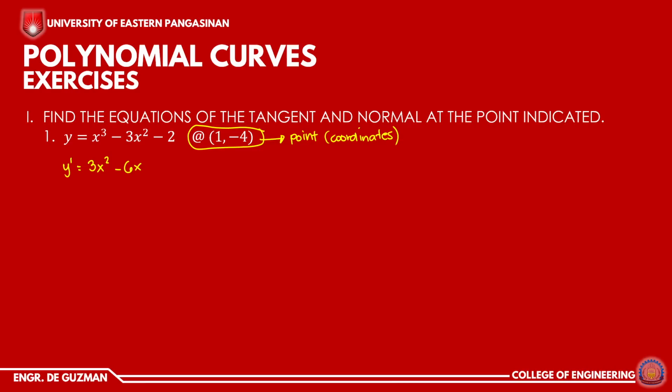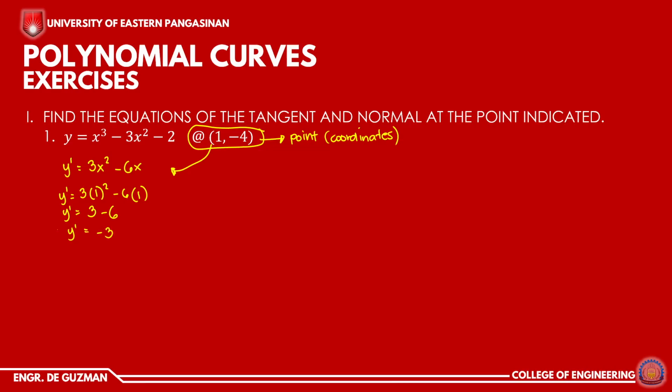And after that, we just have to substitute itong given point sa ating equation. So, y prime is equals to 3 times 1 squared minus 6 times 1. So, y prime is equals to 3 minus 6, and y prime natin is negative 3.